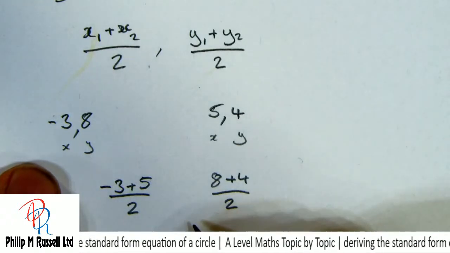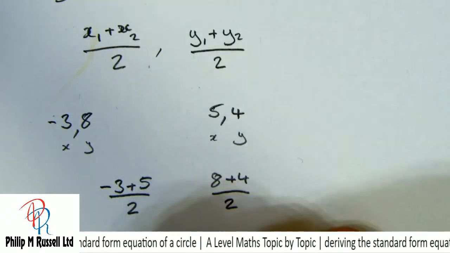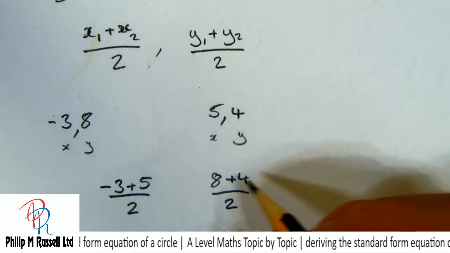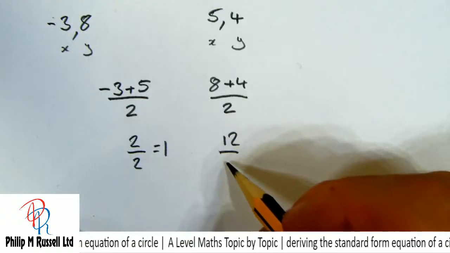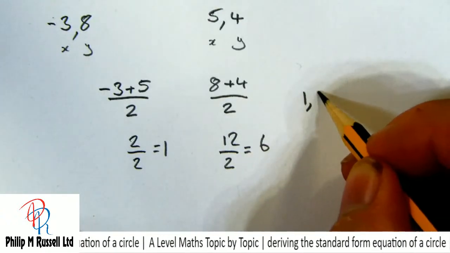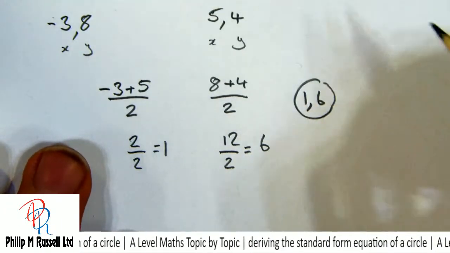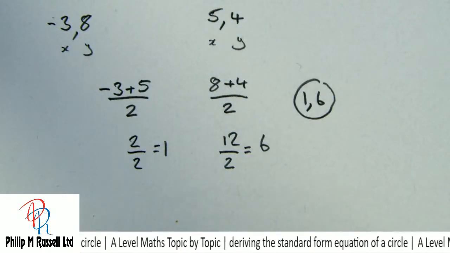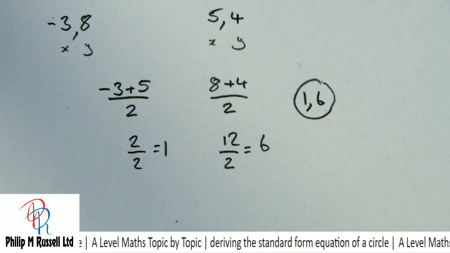So this is going to give us -3 plus 5 is 2 over 2, which is going to give me 1, and the other one is I'm going to get 12 over 2, and that's going to give me 6. So my coordinates for my centre of my line are going to be 1, 6. I've got my midpoint.